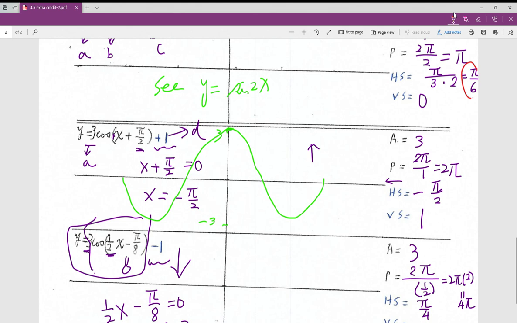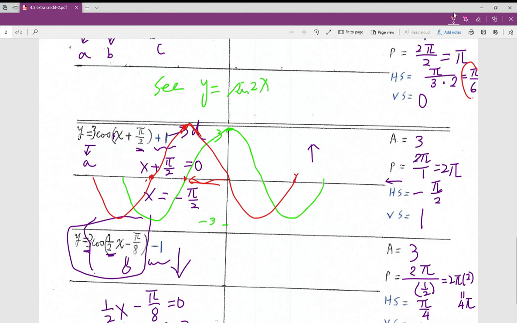Negative pi over 2 actually is here. So the whole graph shifts to here. Okay, we shift. And this one shifts pi over 2 to there. So same thing, parallel, you shift. You shift your graph pi over 2. So the important numbers you have to change, right?